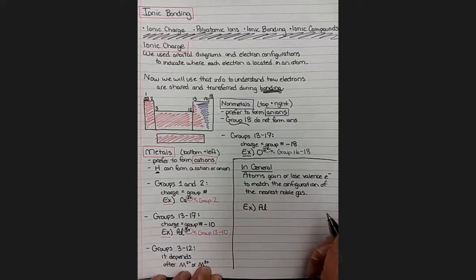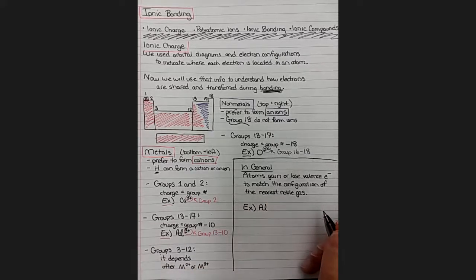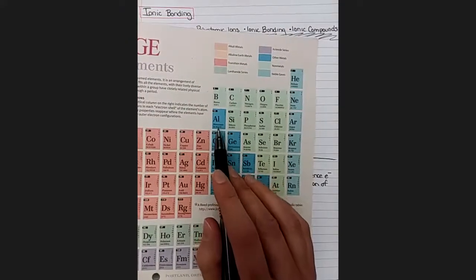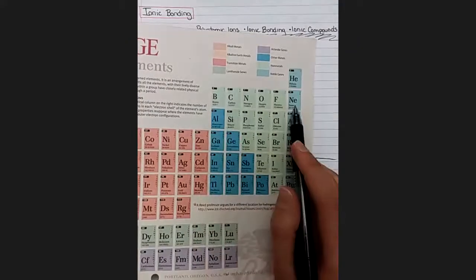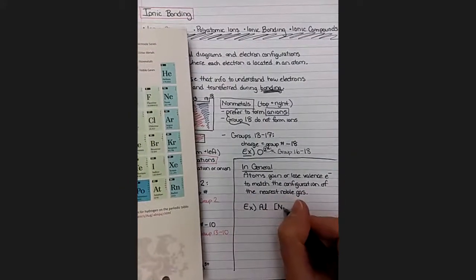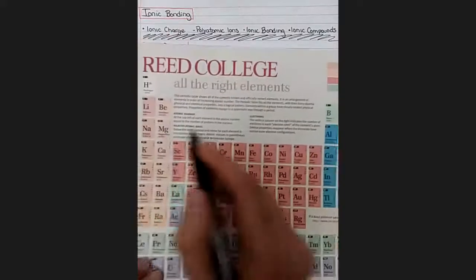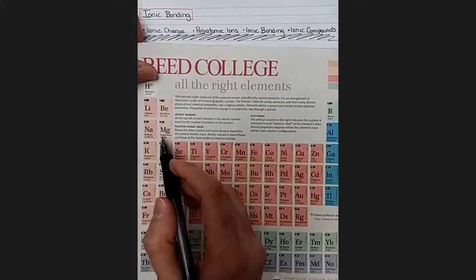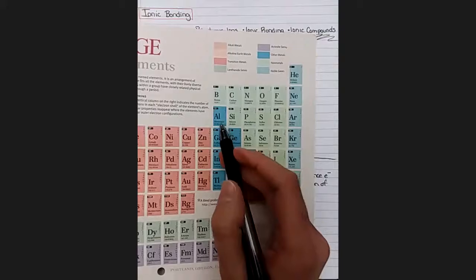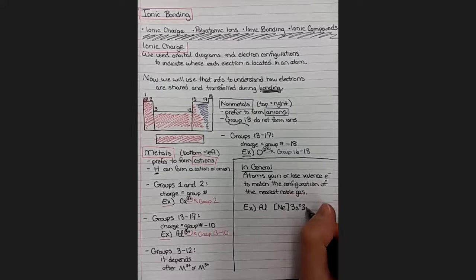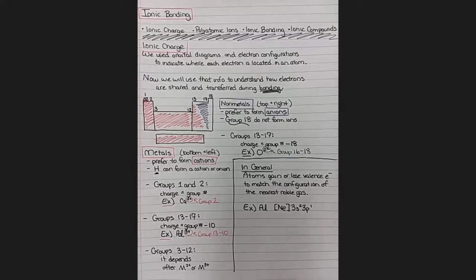So we looked at the element aluminum. If we wanted to write the electron configuration of aluminum, which is right here, we can write the shorthand version, which starts with the previous noble gas. So the previous noble gas was neon. And then we fill in the electrons going forward. So the next block is the 3s orbital, and that one is filled. And then aluminum lives in the 3p orbital, which has 1 electron in it. So 3s2, 3p1.